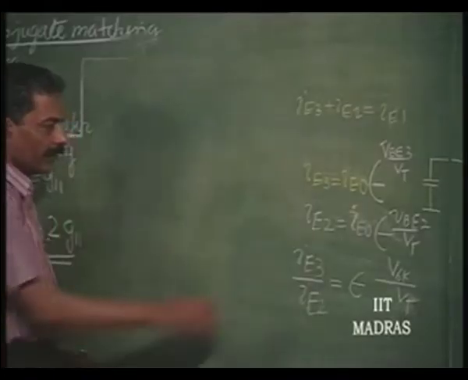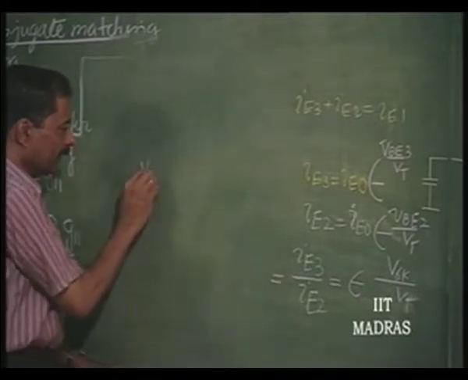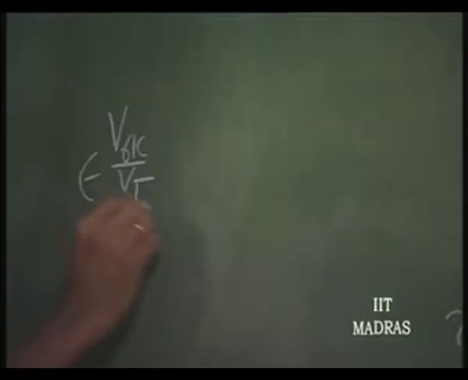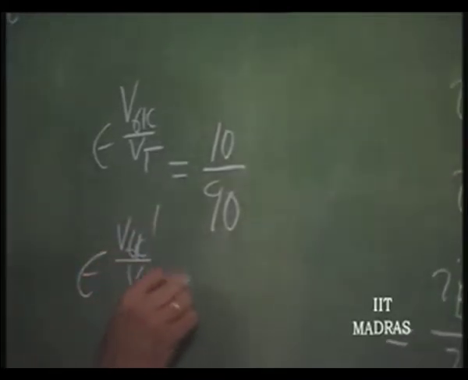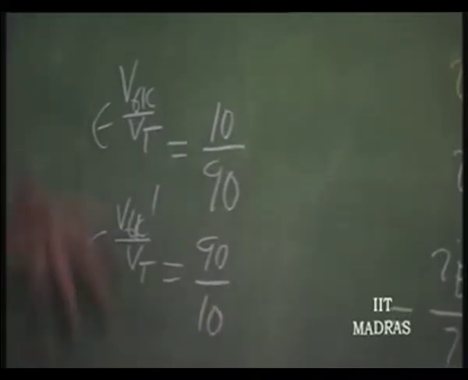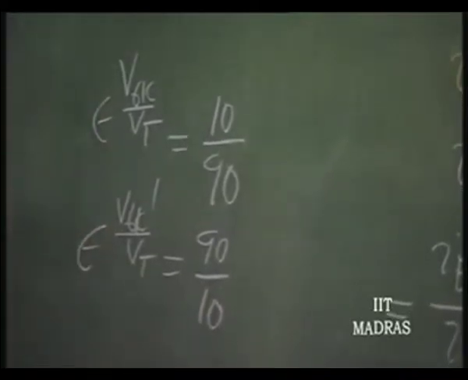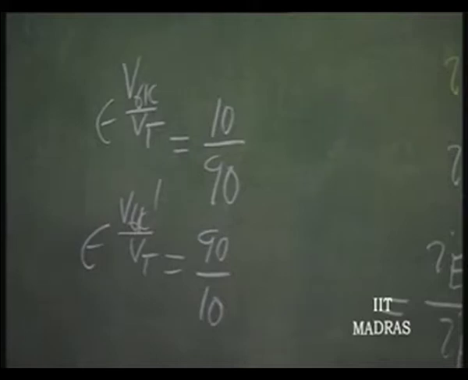So, in this case, the ratio with exponent V6k by Vt equals, let us say, 10 by 90 in one case, and exponent V6k prime by Vt as 90 by 10, as the range of V6k variation which will cause the required change of gain from 0 to 100%.